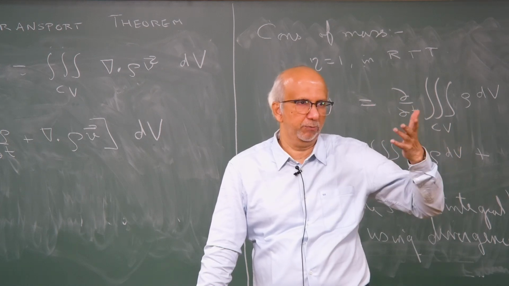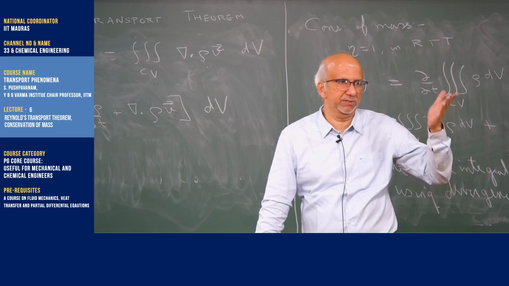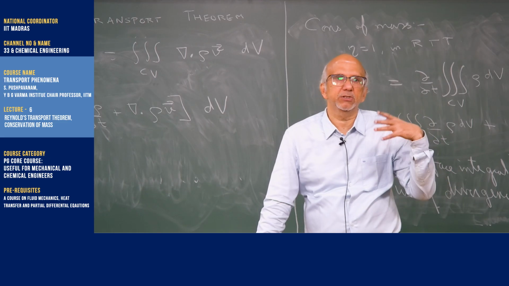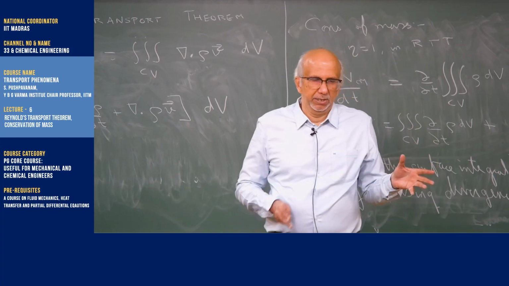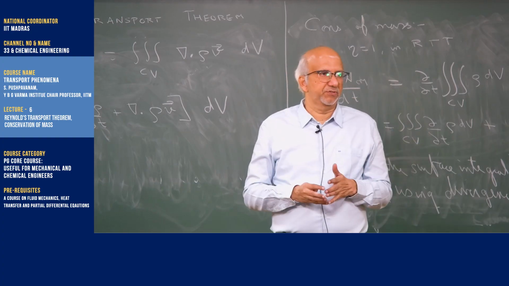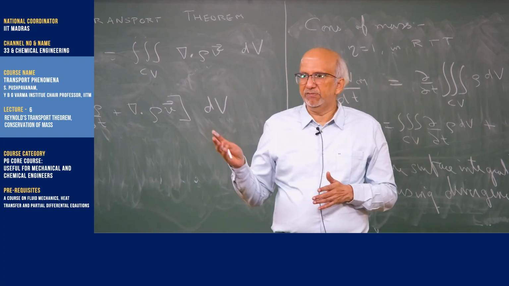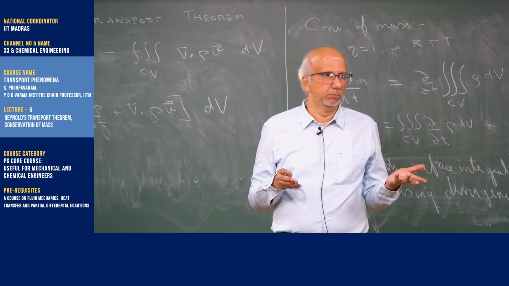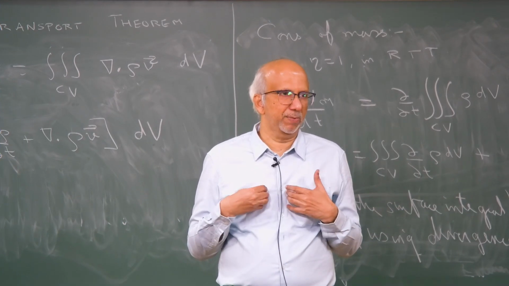That is how we identified control mass. Control mass is basically a collection of molecules, particles where the mass does not change. It can move around, it can go out of the control volume, but the mass in the control mass is fixed. So, the left hand side d/dt of N_CM has to be 0 because I am talking about conservation of mass now.